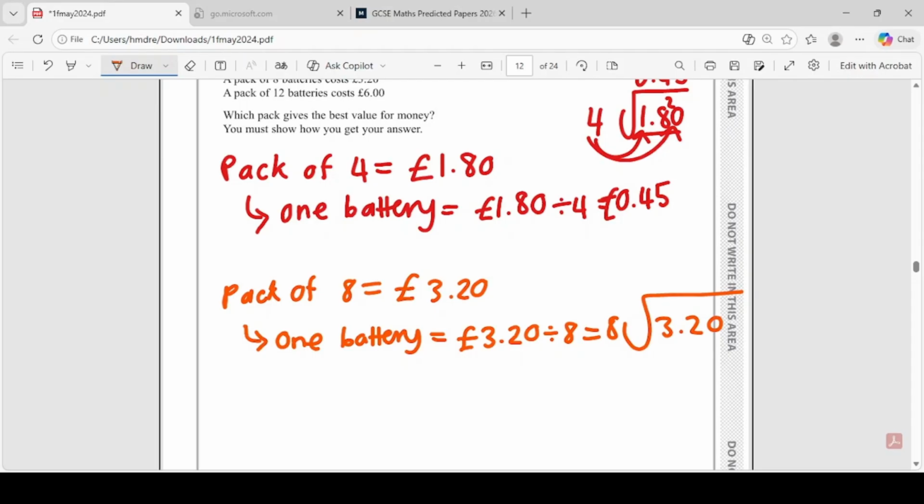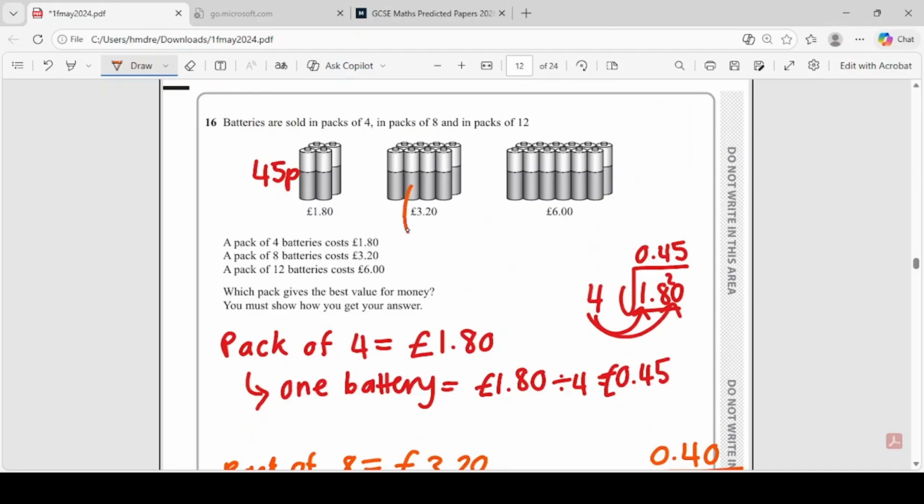This division looks a little bit scary because of that decimal, but it's just as you would usually do it. So how many times does 8 go into 3? It does not. What's your decimal place? How many times does 8 go into 32? So it's 8, 16, 24, 32. It goes in there 4 times. How many times does 8 go into 0? 0. So in this pack, one battery is going to be 40p. Okay, the 8 pack is 40p.